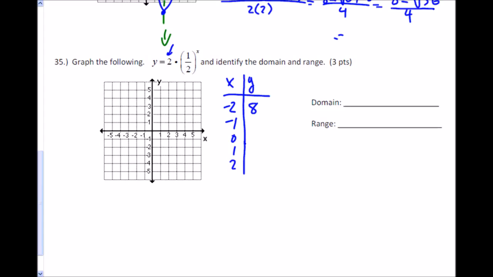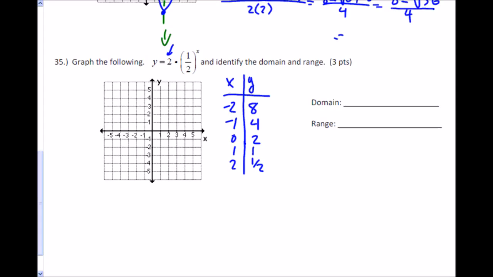The -1, that's going to be a 2 to the first, which is 2, times 2, which is 4. When I plug the 0 in, that gives me a 1 times 2, which is 2. When I plug the 1 in, that gives me a 1. When I plug the 2 in, that gives me a 1/4 times 2, which is 1/2.